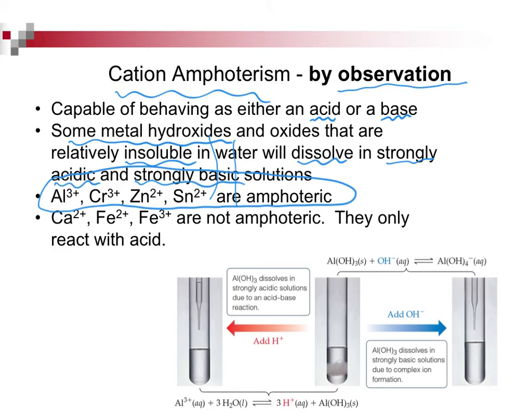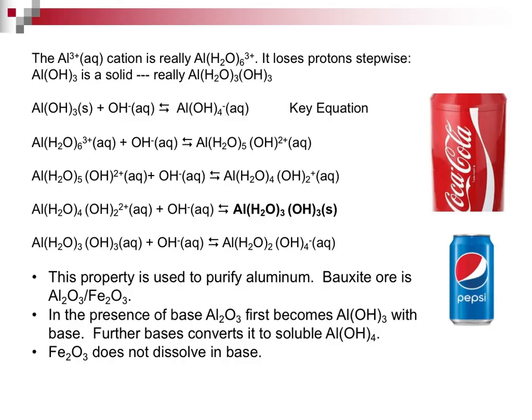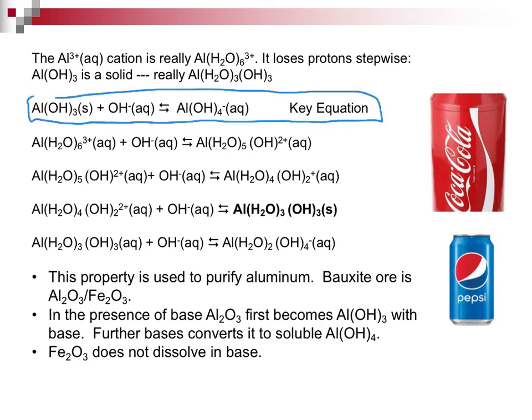So there is this picture here. Take a look at it in the text. But what I want to do is focus in on the chemistry. The key equation for aluminum is sitting right here, where we have aluminum hydroxide as a solid reacting with hydroxide. It can also react with H+ and form an aqueous solution.